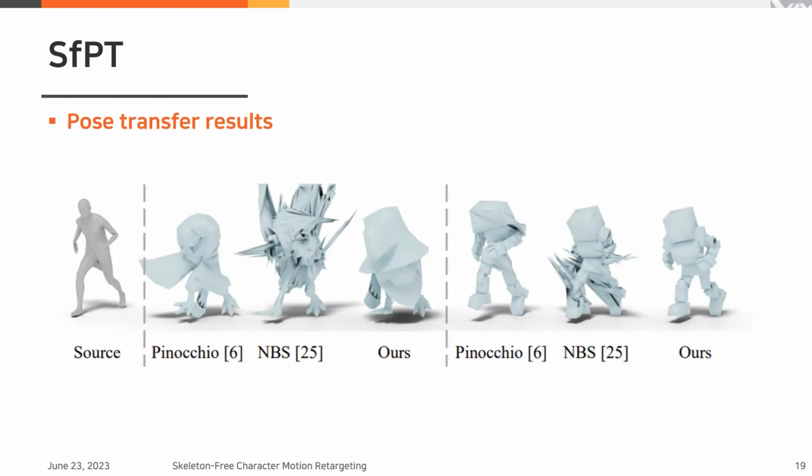Since they don't care about the skeleton, I'm wondering how they can handle an animation sequence other than just one pose shape. This one, without a skeleton, they can transfer the pose. One immediate idea is that if they apply it to every single frame over the animation, then probably animation transfer may be possible, but it may not be perfect.